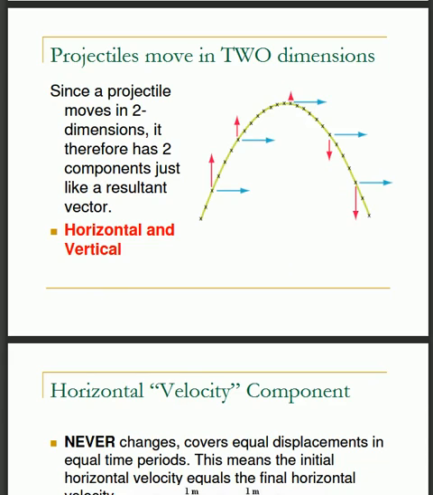This is to mean that it has vertical and horizontal velocity, as we derived earlier. Since the projectile moves in two dimensions, it has two components just like a resultant vector. When we look at this projectile, we find that the blue color represents the horizontal components of velocity, and the red color represents the vertical components of velocity.